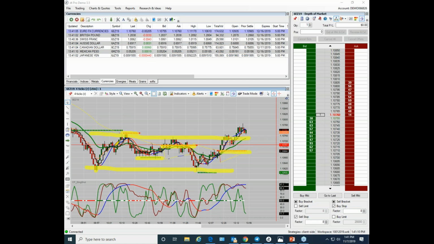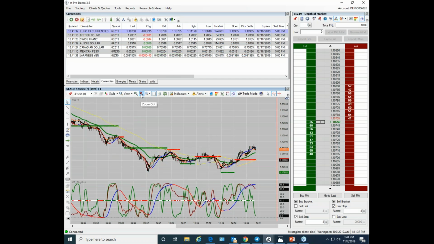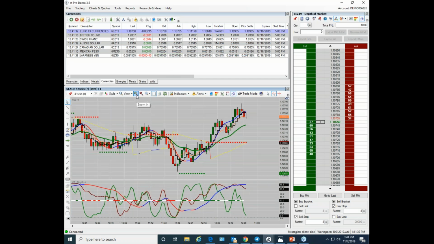That is sideways. Once we take out resistance, then you can consider it. Once we take out support, like here, then you can start considering it. But again, one way to see whether or not we're trending is to get in the habit of hitting the zoom out button. That's what I would do.